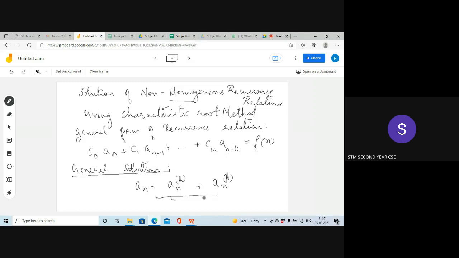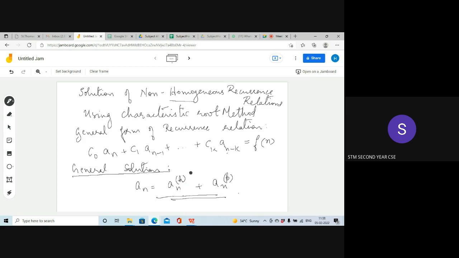You have to learn this. This is the basic formula that we are going to substitute to get the general solution. So the general solution of a non-homogeneous recurrence relation is the sum of its homogeneous solution and its particular solution.